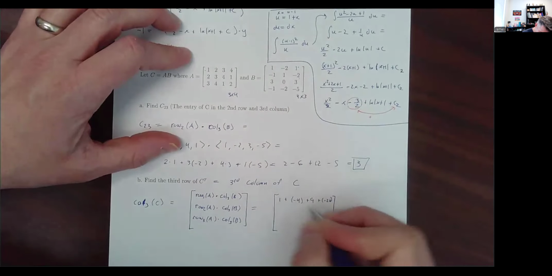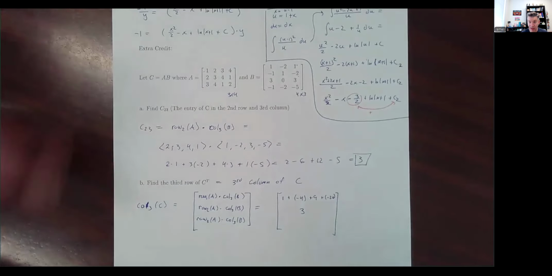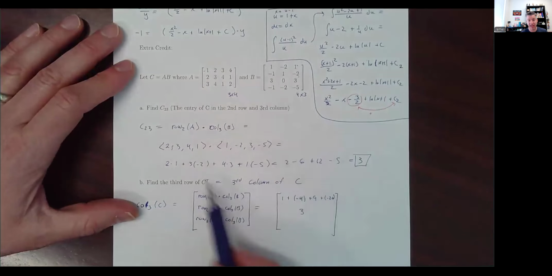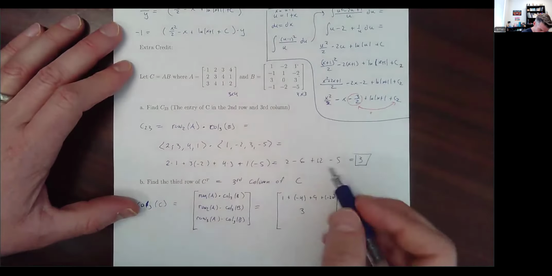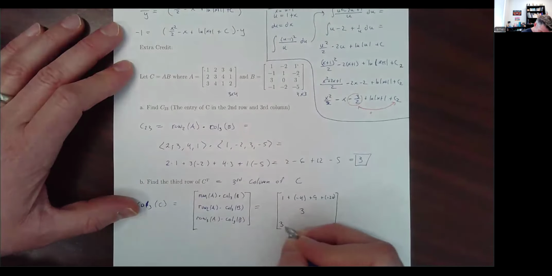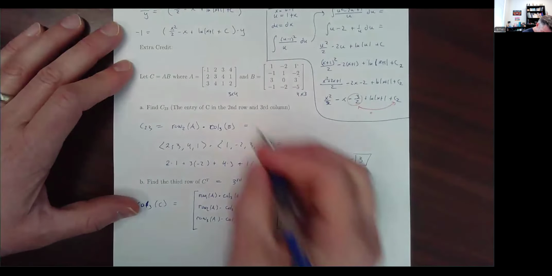We already know what the next entry should be. It's going to be 3 from the work we did right there. And right, don't repeat work you've already done. That's why often questions get asked in a way so that you don't have to. Finally, row 3 dotted with column 3 is going to be 3 times 1, 4 times -2, 1 times 3, and 2 times -5.